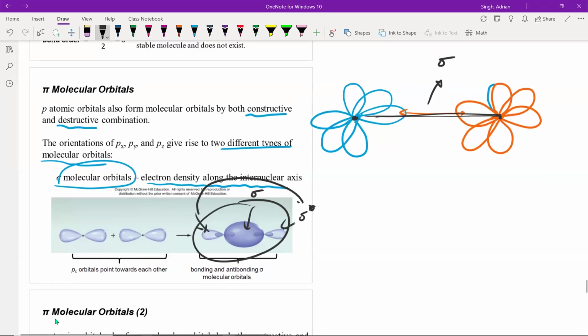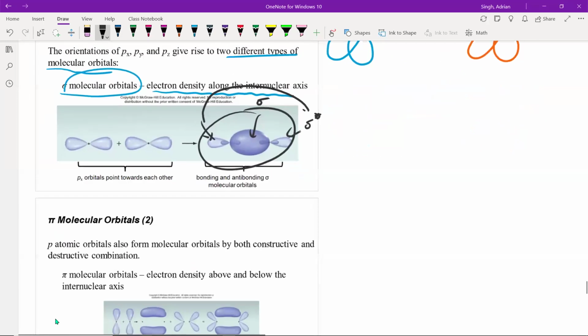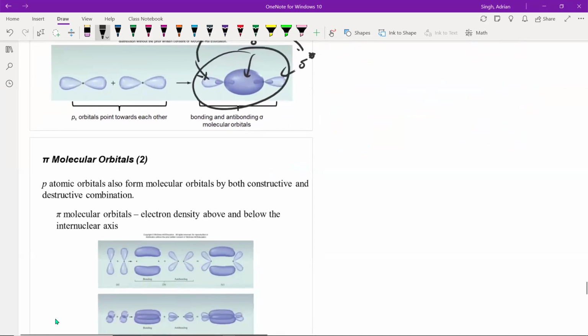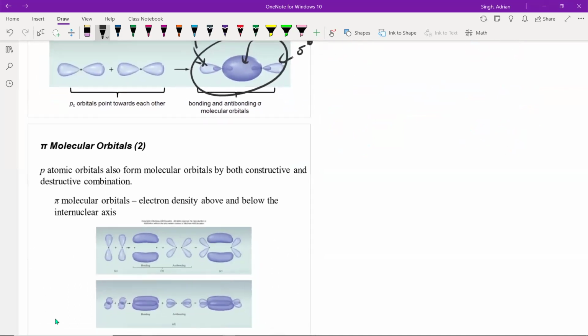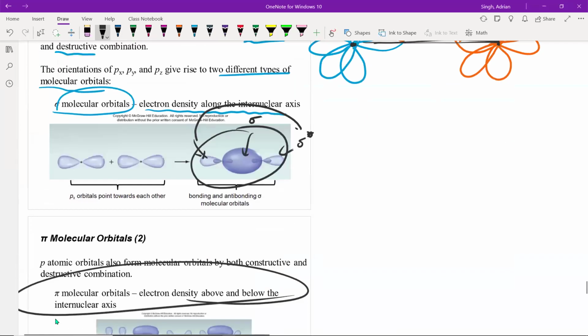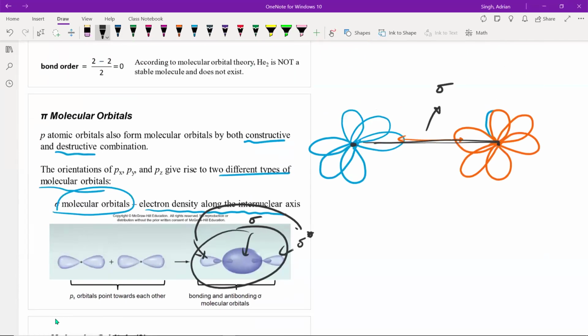What can also happen, because we have 2 other p orbitals now, is these can produce pi molecular orbitals where we have electron densities that are going to be above and below the internuclear axis. So you can think of now, again, your sort of banana bonds applied to MO.